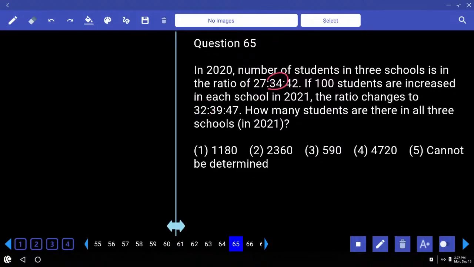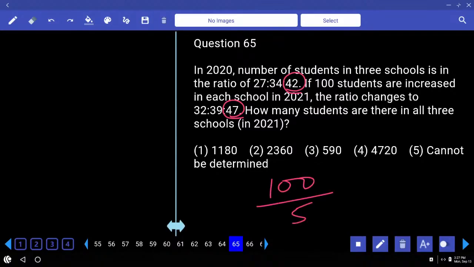Second one, 34 becomes 39, increased by 5. 42 becomes 47, increased by 5. So when you add the same number, the number of parts also increases by the same number, 5 parts. Hence, we can conclude 100 is equal to 5 parts. Then 1 part is equal to 100 by 5.